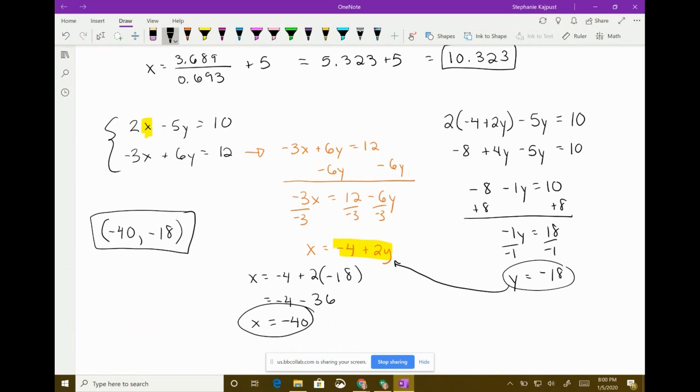You pick an equation to solve for a variable, then plug it into the other equation, solve, and then put your answer back into the first equation. And then that will get you your answer there. And if at any point you come up with a contradiction, that means there's no solution. And if you end up with your variables disappearing and all you have is like 0 equals 0, then there's infinite solutions.